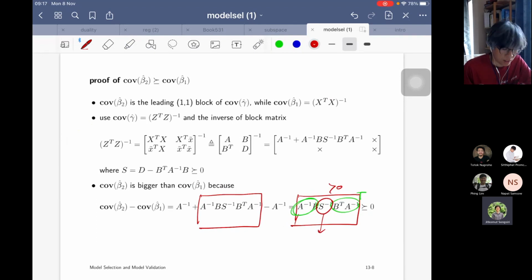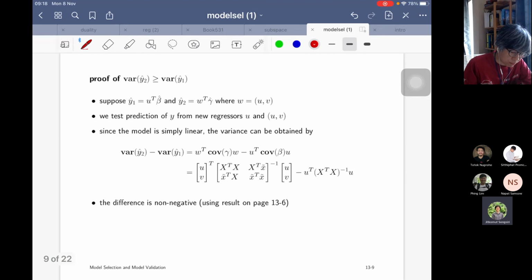Once again, I emphasize that this is the covariance of the estimator, which means the coefficients you estimate from a complex model, when you look at its point estimate calculated from one data set, one realization, are less reliable than the coefficients obtained from a simple model because it has higher covariance.